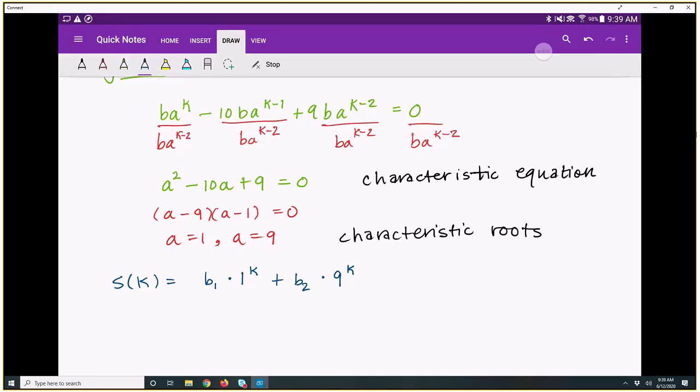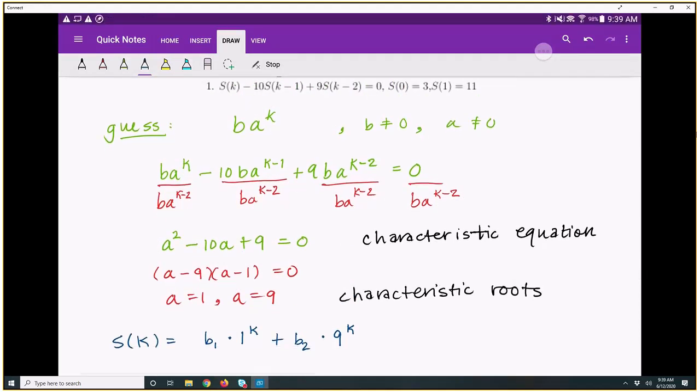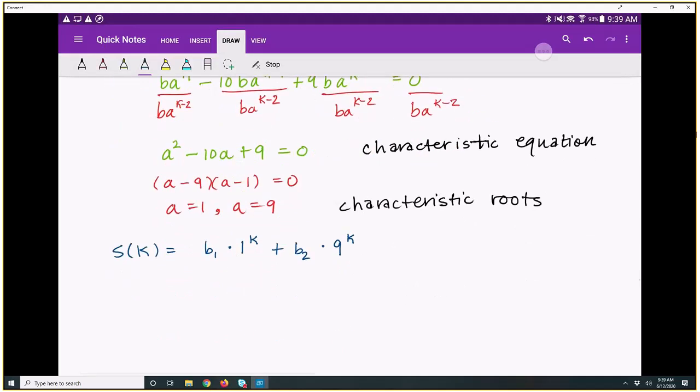And now I'm ready to use my initial conditions, s of 0 equals 3 and s of 1 equals 11, to solve for b1 and b2. So s of 0 equals 3, and s of 0 is equal to b1 times 1 to the power 0 plus b2 times 9 to the power 0, which is just b1 plus b2.